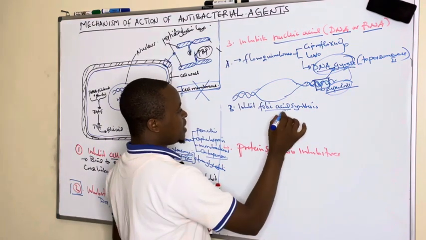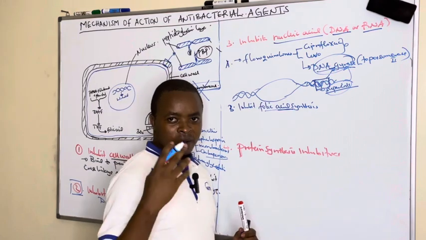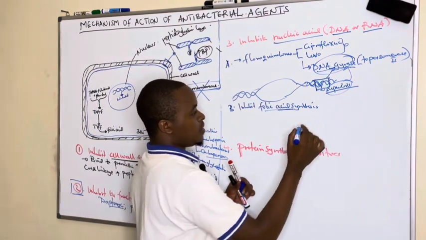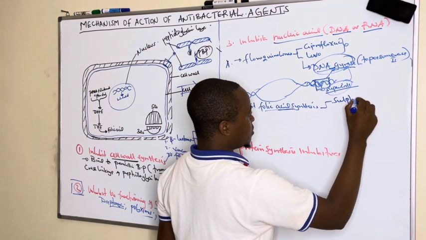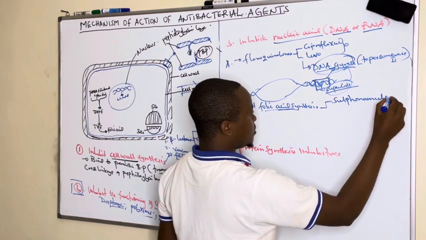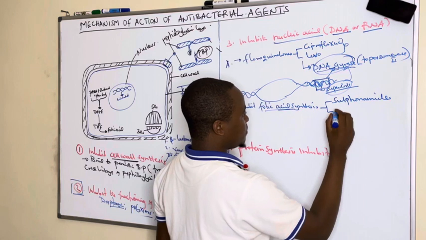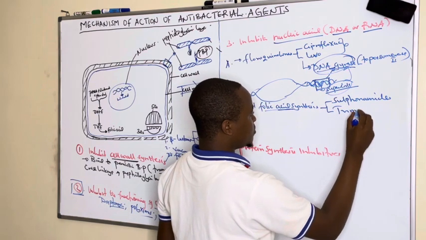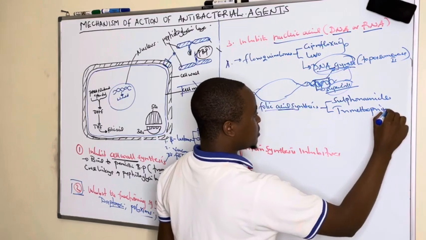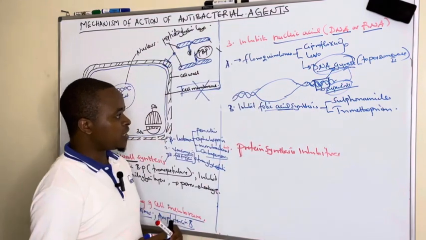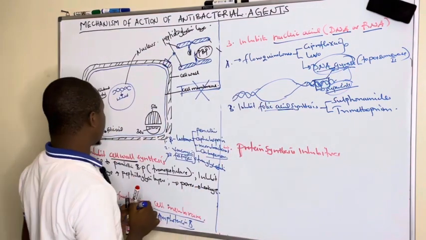So these ones that inhibit folic acid synthesis, we call them antimetabolites, and they include sulfonamides and trimethoprim. Trimethoprim and sulfonamides are the key examples that inhibit folic acid synthesis.